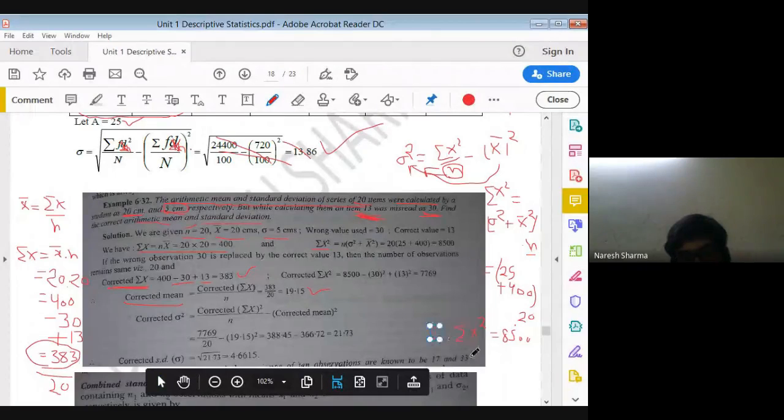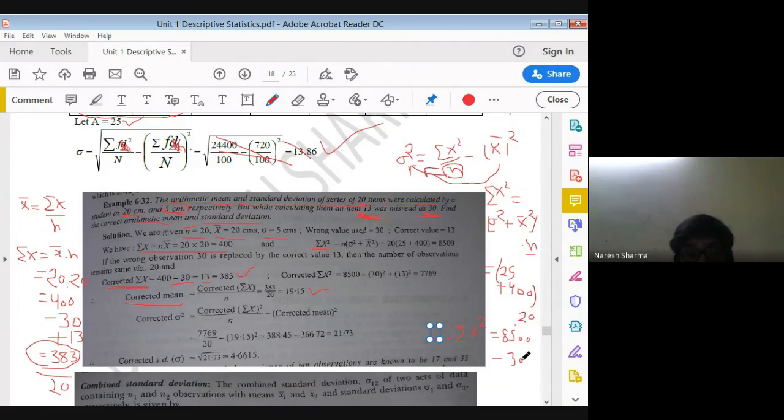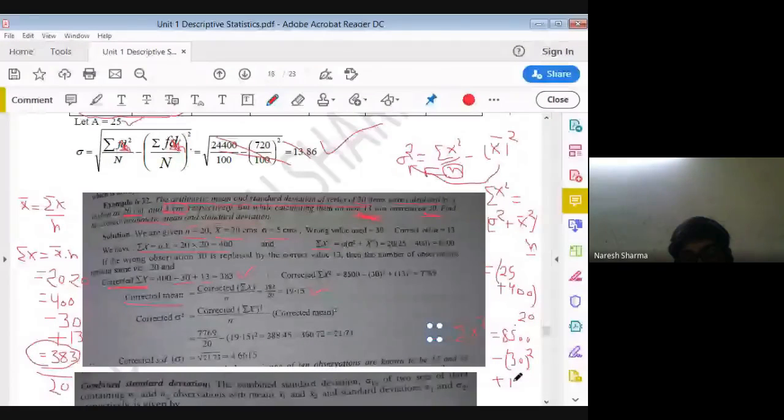For the correct summation x square, we need to subtract the wrong entry, and the wrong entry is 30, x is 30, but in the case of x square, the wrong one is 30 square. So we subtract that, and the correct value should be 13. So in summation x square, it should be 13 square.